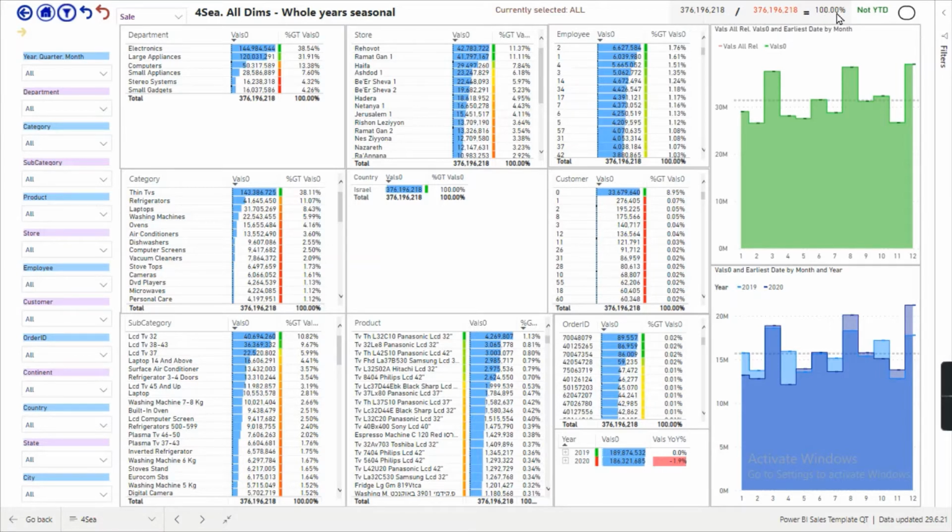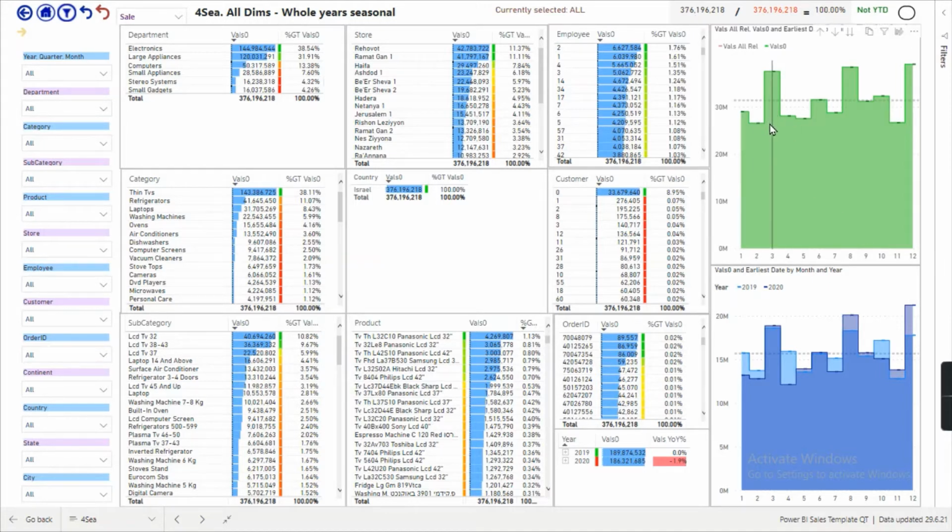So it's 100%, okay, it's showing this from the total. It's 100%. If I filter, I will see decrease. That's important to understand what we are seeing.